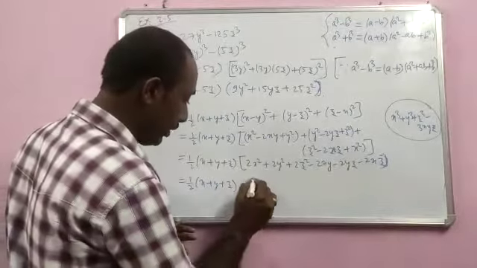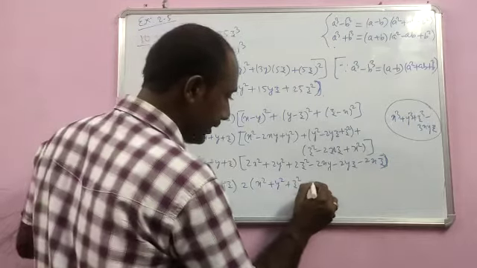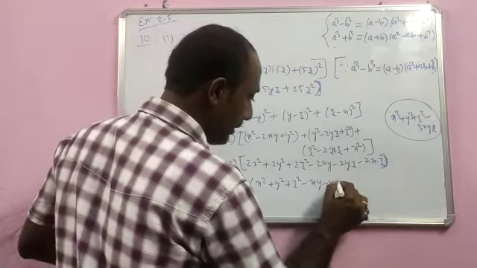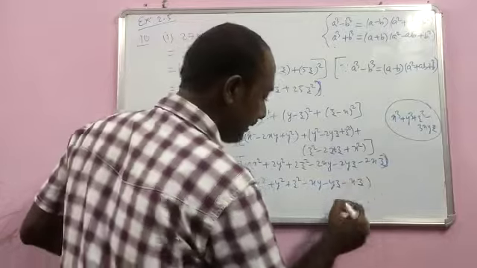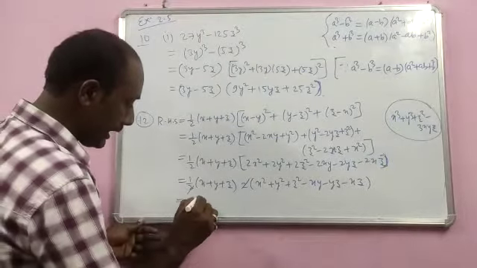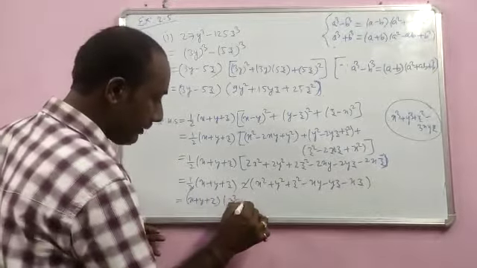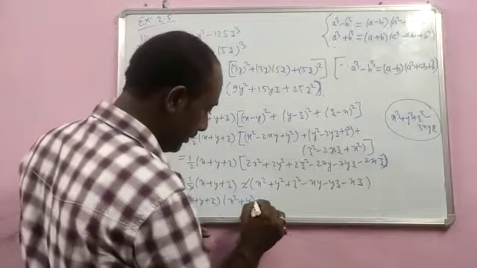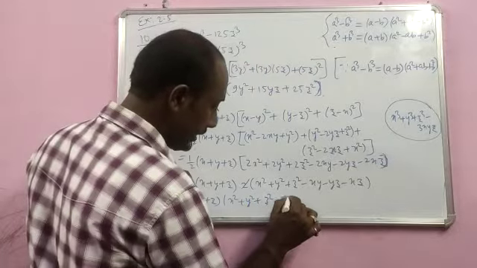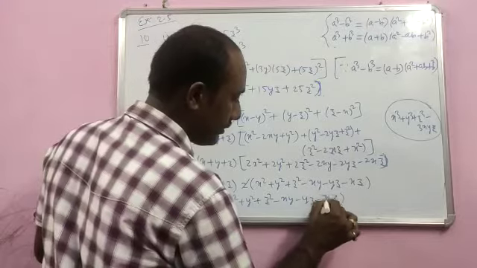If you take 2 common, you are left with x square plus y square plus z square minus xy minus yz minus xz. So this 2 and this 2 will get cancelled. So you are left with x plus y plus z into x square plus y square plus z square minus xy minus yz minus xz.